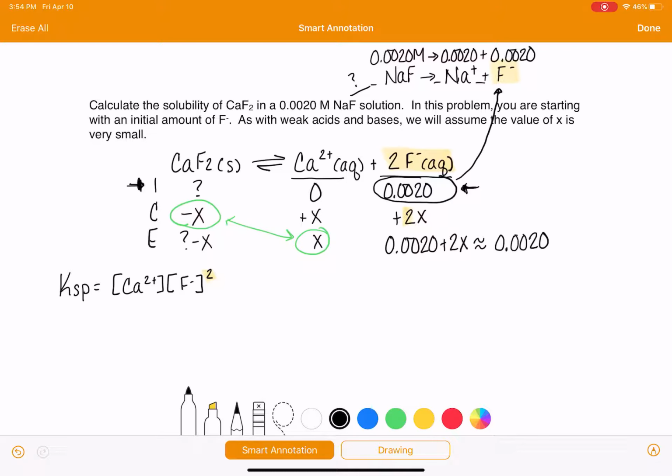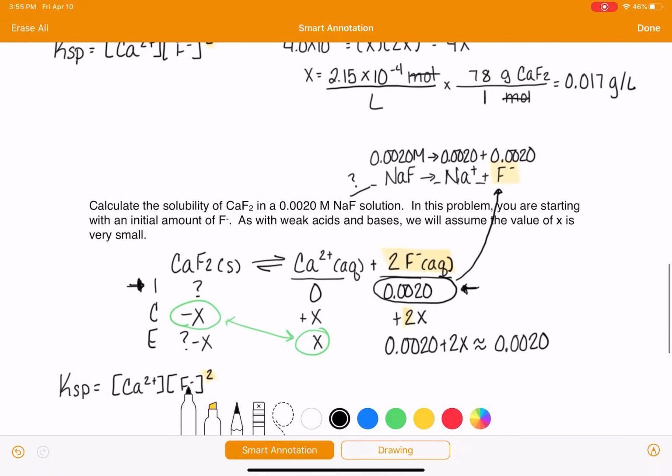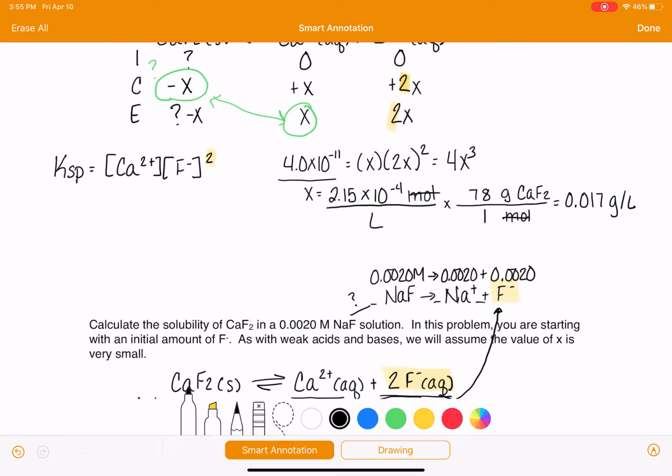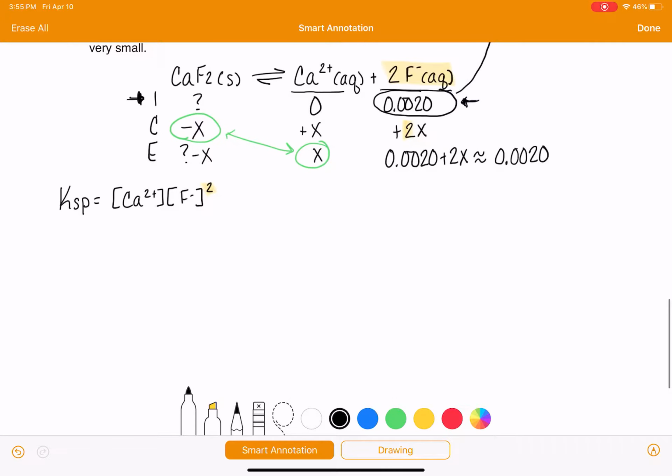We know the Ksp. Let's go looking for it. The Ksp is 4 times 10 to the minus 11. The calcium ion is represented by X. The fluoride ion is represented by 0.0020. Do not forget to square it.